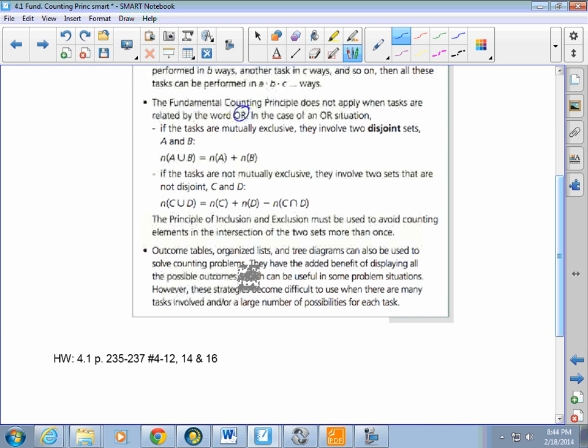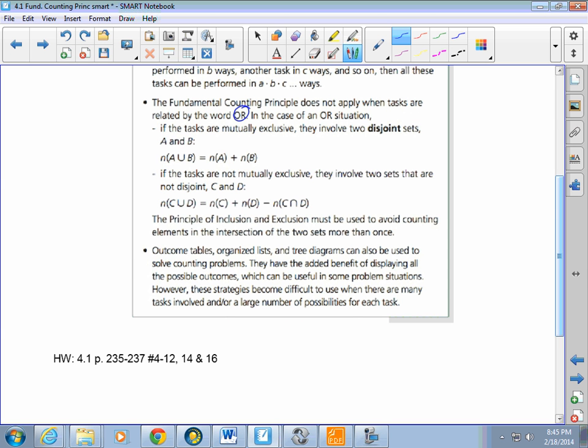Outcomes tables, organized lists, and tree diagrams can also be used to solve counting problems. They have the added benefit of displaying all the possible outcomes, which can be useful in some problem situations. However, these strategies become difficult when there are many tasks involved and/or large possibilities for each task.